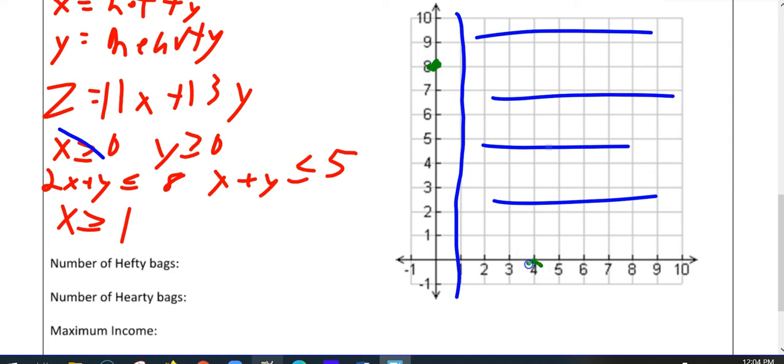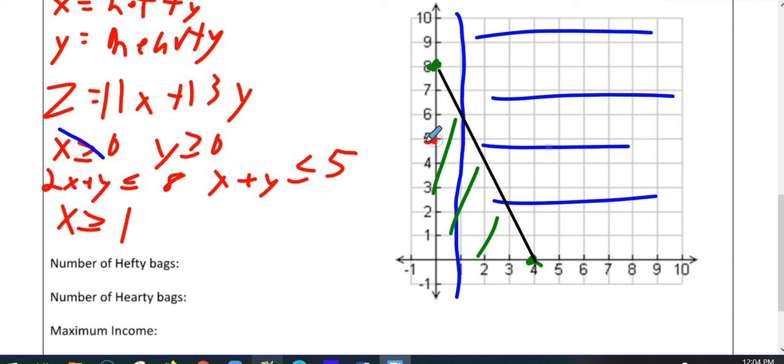Y, x is 0. And then for x, y is 5. That's easy.